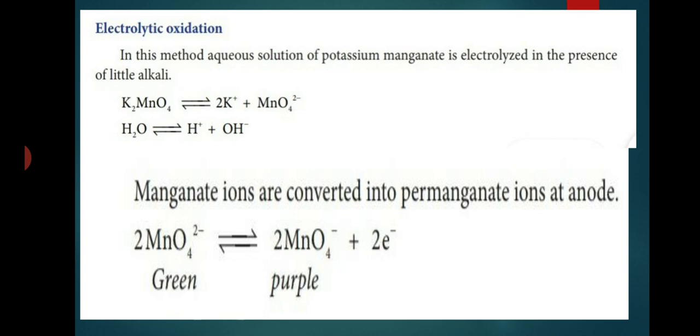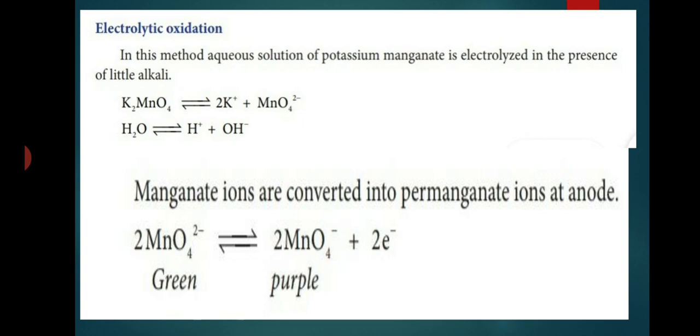In electrolytic oxidation, the process takes place in an electrolytic bath containing electrodes, that is anode and cathode. When electricity is passed, transfer of electrons takes place, leading to the formation of product.